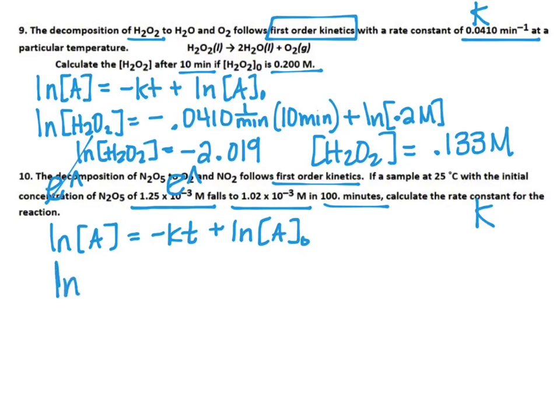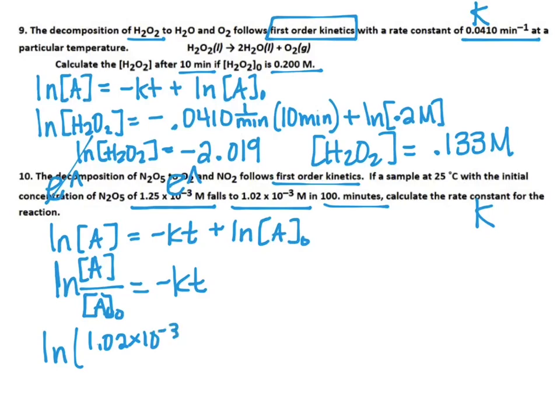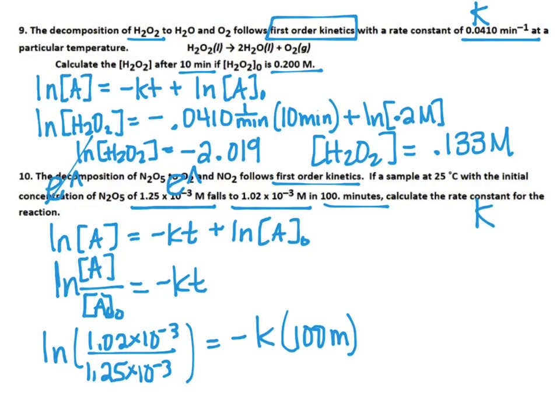We can come back and say ln of A over A naught is equal to negative KT, because remember, this time we're solving for K. So you're going to take the natural log of 1.02 times 10 to the minus 3 divided by 1.25 times 10 to the minus 3 and set that equal to negative K times 100 minutes. So solve that and get me a value for K.